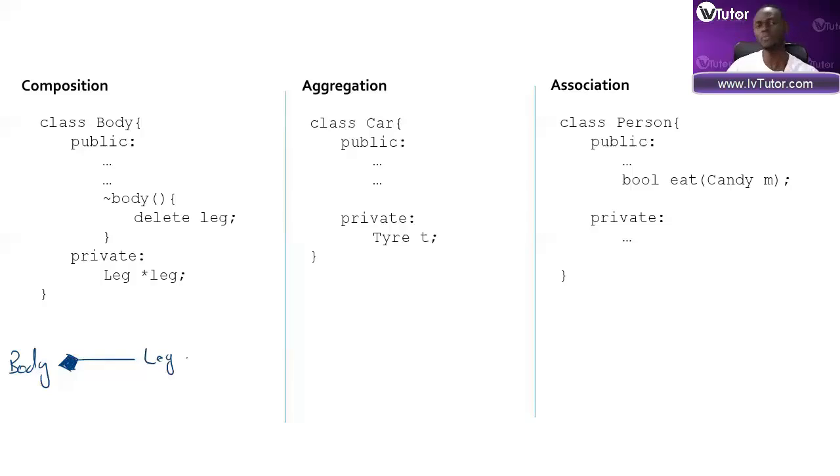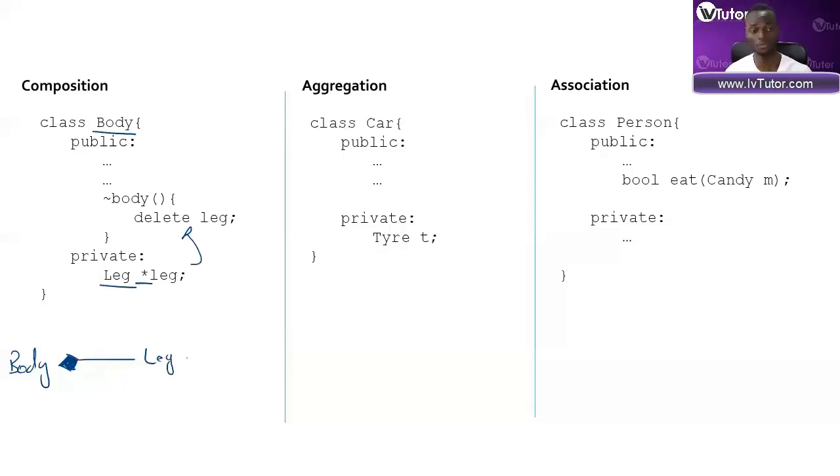Now, I'm not saying that every time you see a pointer, it's composition. But since in most cases we have a pointer in a class, we always delete the pointer. It's very likely that every time you see a pointer within a class, the relationship between the class and the child is a composition relationship.